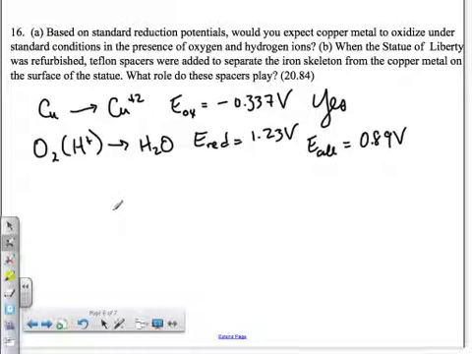Well, you might think, well, if copper were reduced, we wouldn't have a green coating. It'd be nice and pretty in copper. But then iron would be oxidized, and you'd be essentially taking the iron skeleton and it would be falling apart. Because iron would no longer be iron metal, it would be iron plus 2, which is rust, and it wouldn't be really good for the Statue of Liberty.